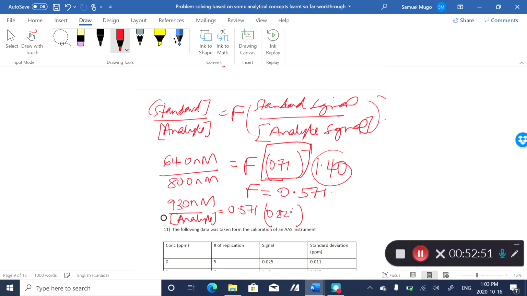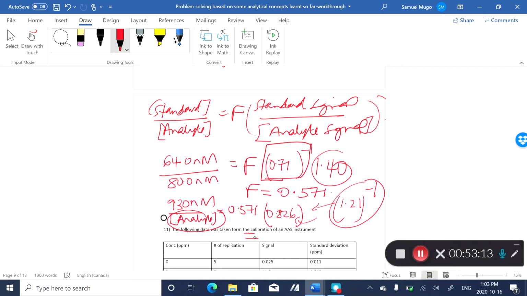Of course, the ratio that you've been given up there is 1 to 1.21, but this one is given for analyte over the signal, so you need to take the inverse of that. And when you do that, you're going to get 0.826.